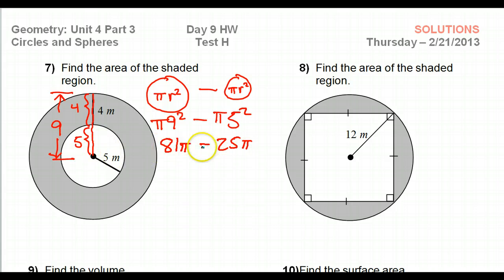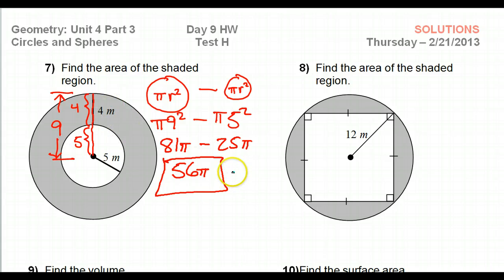These are like terms, so I can put these together. And I know that 81 minus 25 is 56. So this will be 56 pi. Okay, and that is the answer.